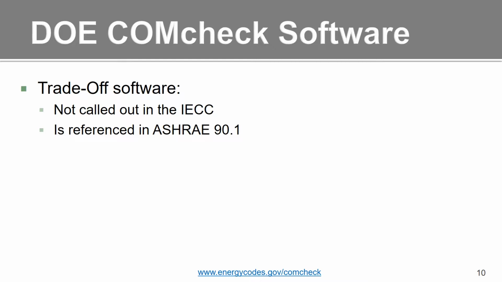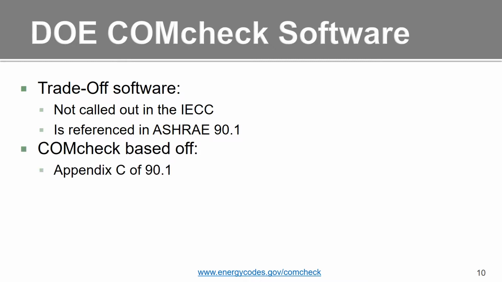However, the CommCheck software does support the past 3 versions of the IECC. ASHRAE 90.1 is a different story. It does lead one down that path to use the trade-off approach. It specifically notes a trade-off approach, and it indicates that the trade-off approach should be based off of Appendix C out of ASHRAE Standard 90.1.